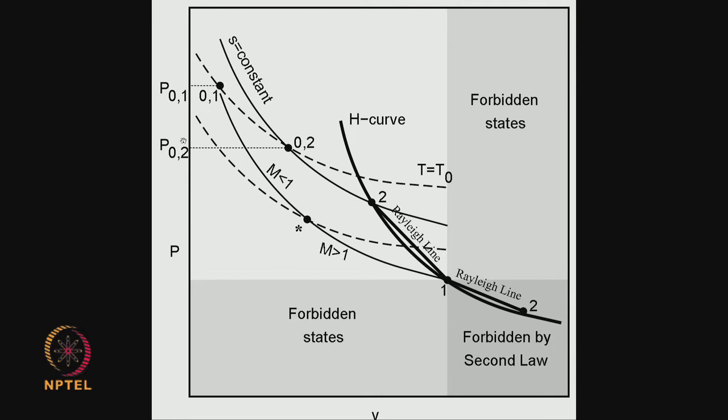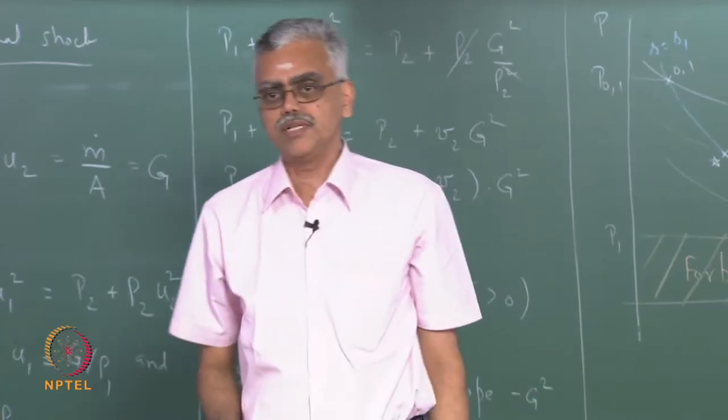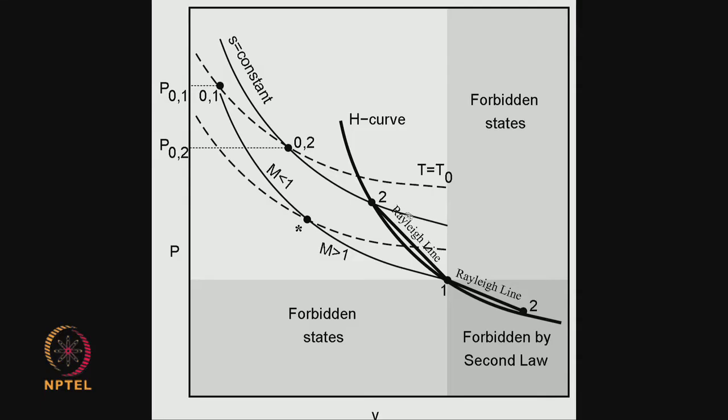Notice also that the H curve that is drawn here is steeper than the isentrope that passes through state point 2 or the isentrope that passes through state point 1. Because this is steeper than the isentrope, for a given change in specific volume, the compression using a normal shock is more effective than compression using an isentropic process.